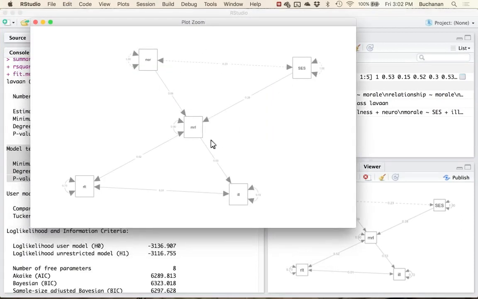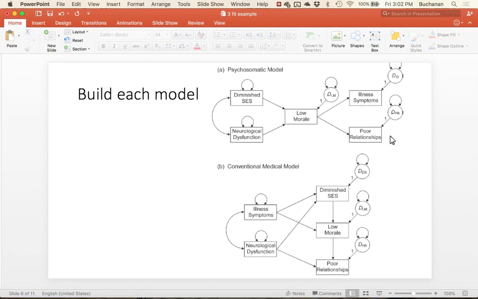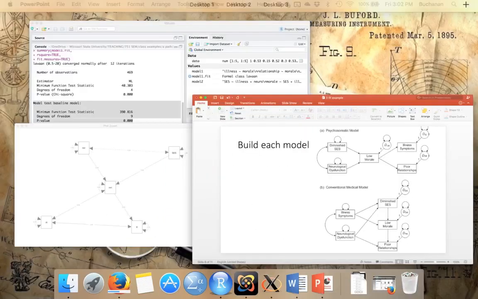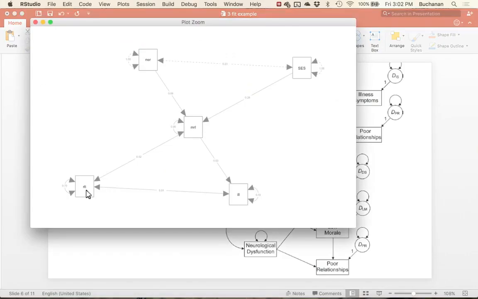All right, so I got 1, 2, 3, 4, and it added a covariance between these two, right? So that is the piece that we missed a minute ago calculating our degrees of freedom, is this relationship here between these two variables, which I probably didn't really want, so I should probably go back and exclude that at some point, because they're kind of hanging out there on the end. So that, I think, is something that lavaan did automatically for me that I wasn't expecting.